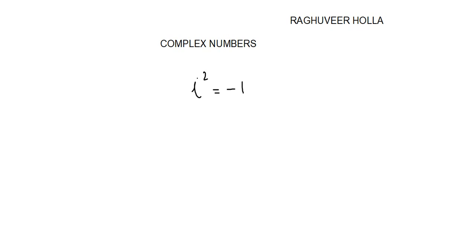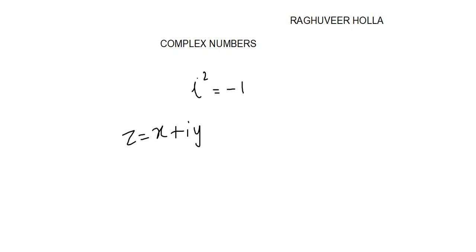An expression of the form x plus iy, which is the complex number, is denoted by z, where x and y are real numbers.